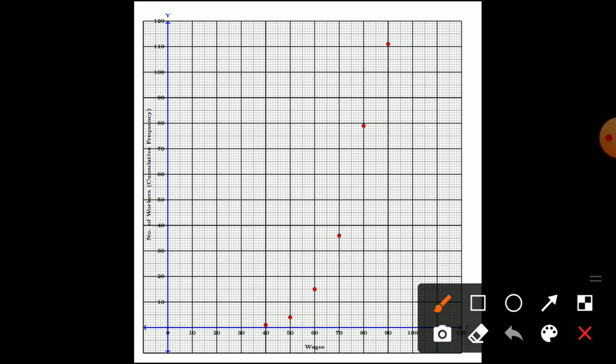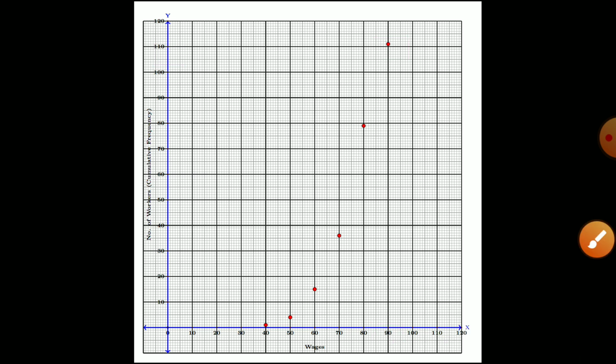So you will see the point here, 90 is here and 111 is here. So in this way we have plotted. You can observe that: the 90, 111 point we have plotted here.